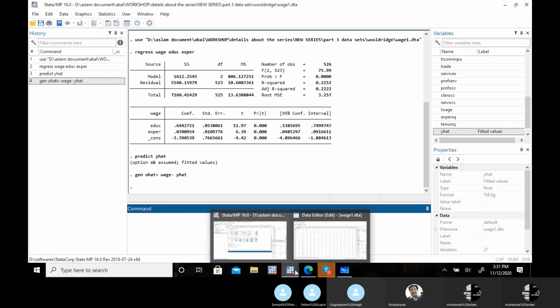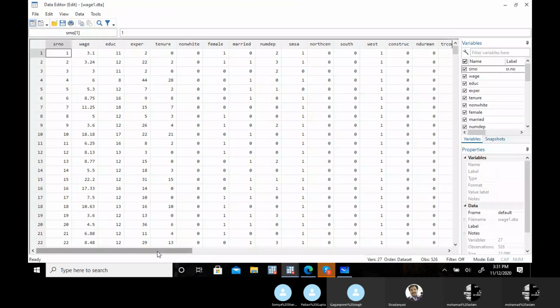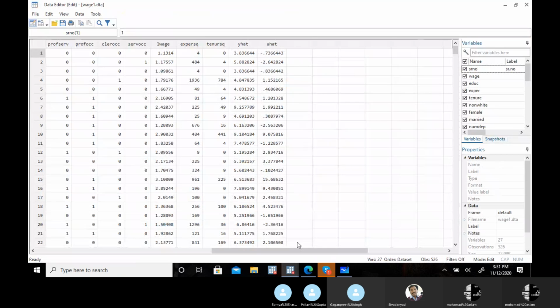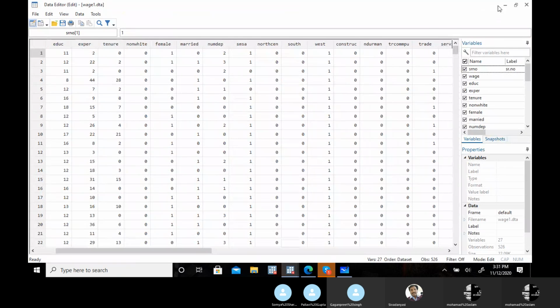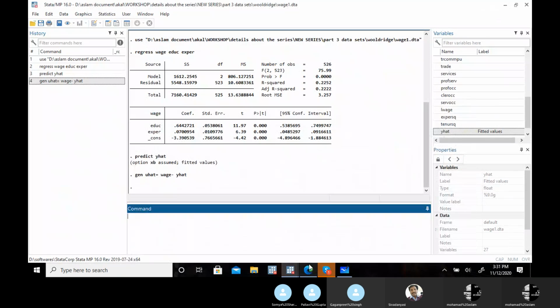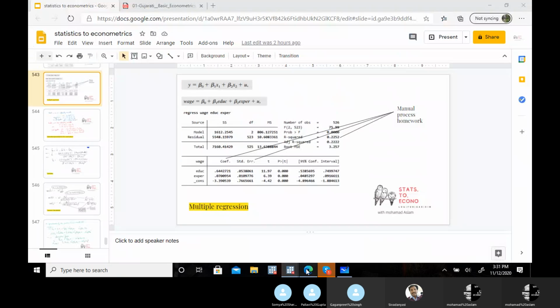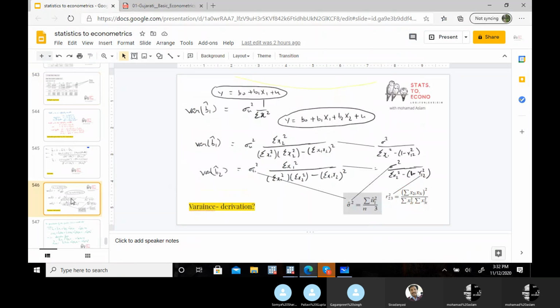Now you can see in your data tables, you have this u hat value. If you take the square of all these values and then sum them, and in the end divide by n minus 3, because here you have 3 estimates, so you lose 3 degrees of freedom. I'll come to that point, Gagan, degrees of freedom in the F ratio.